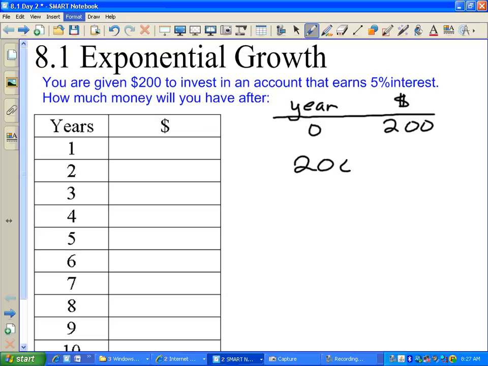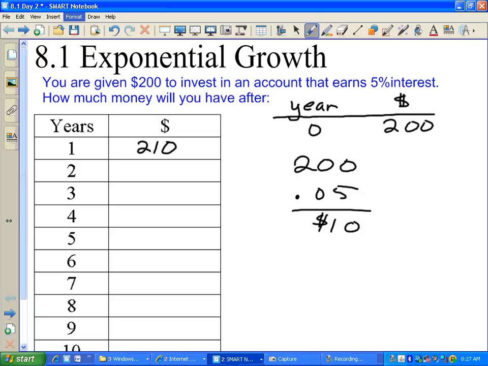If I take 200 and I multiply by 0.05, what do you get? $10. So therefore, after 1 year, I have $210.